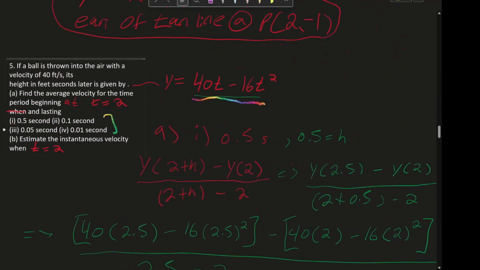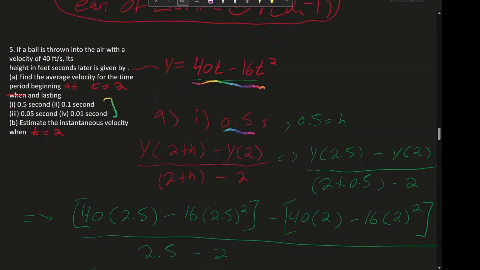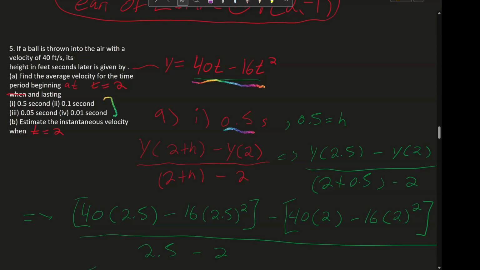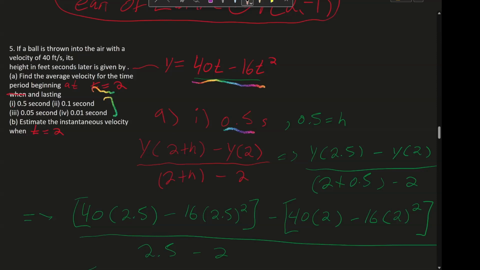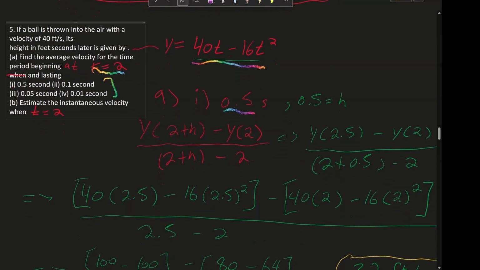So, part 1, you're given this 0.5 seconds, and basically you're beginning at this t equals 2 here. You can set this little 0.5 parameter equal to h, or you could just say 2 plus h is 2.5.